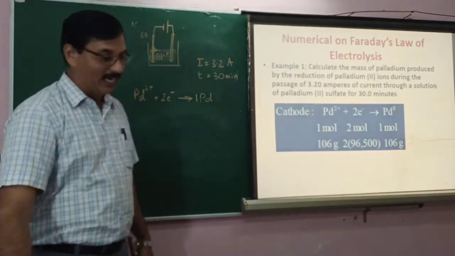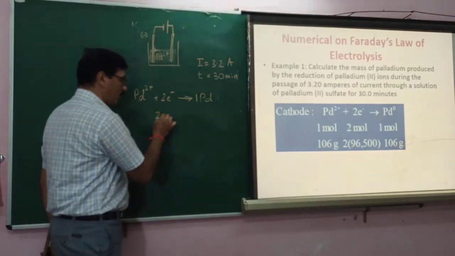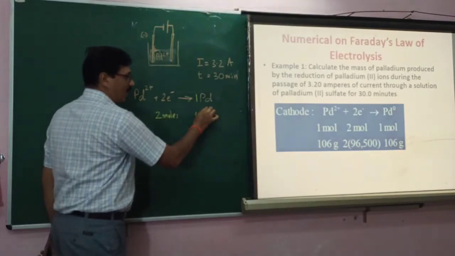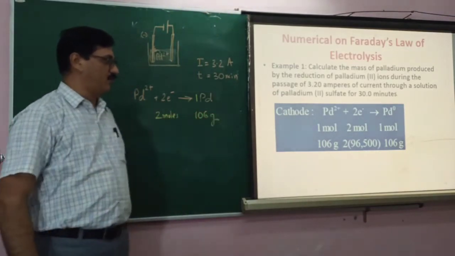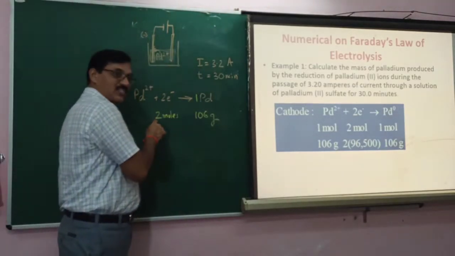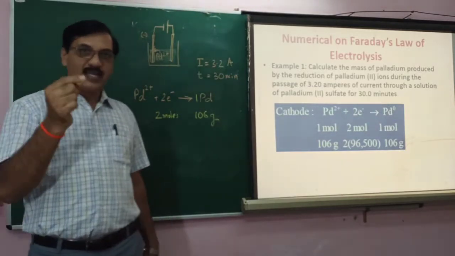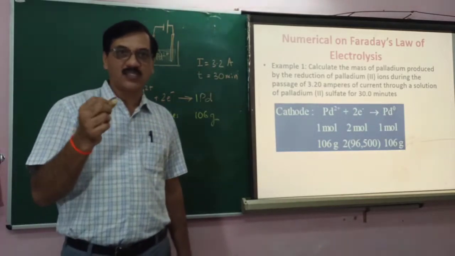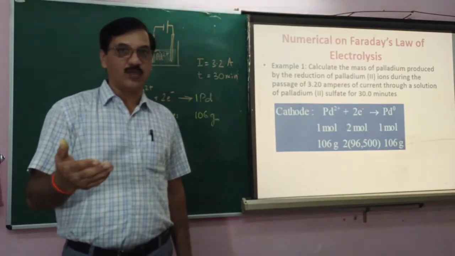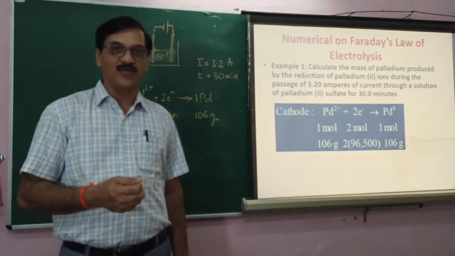So it tells you that 2 moles of electrons will deposit 106 grams of palladium, right? Now we have to see how much charge is contained in 2 moles of electrons. You know that an electron carries 1.6 into 10 to the power minus 19 coulomb, and 1 mole is equal to 6.022 into 10 to the power 23.